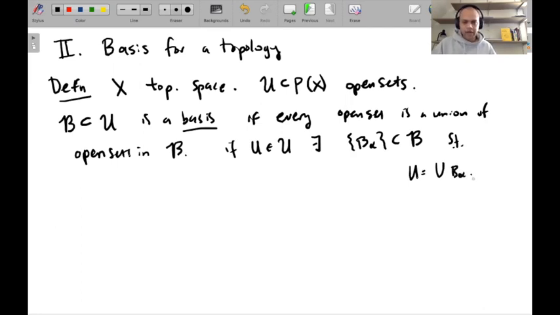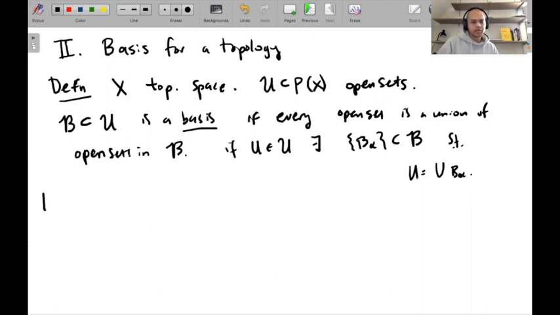So being a basis means you can write all open sets as unions of elements in the basis. You can see this is somewhat analogous to being a basis for a vector space, although there's no uniqueness here.